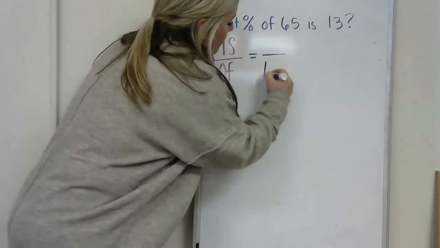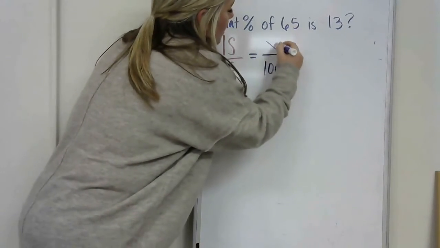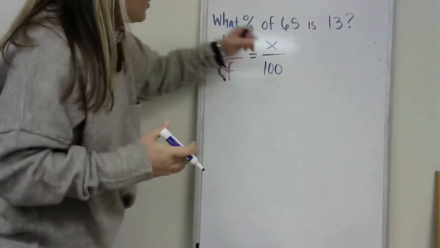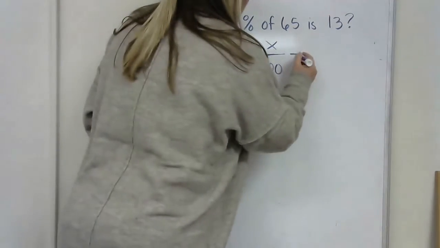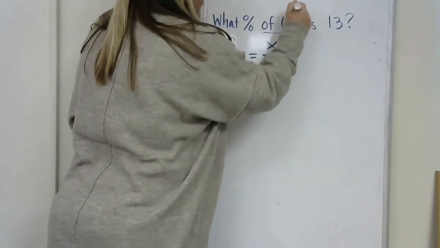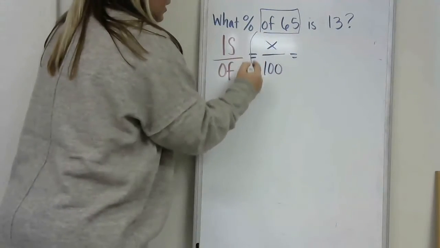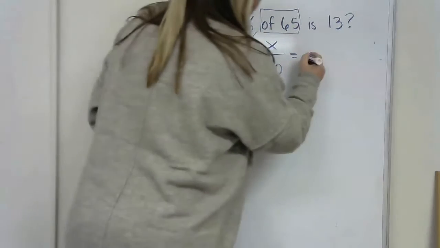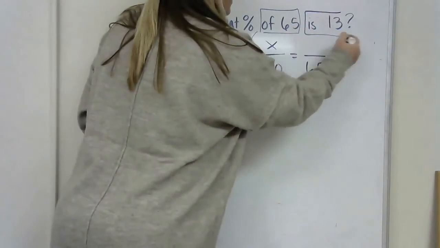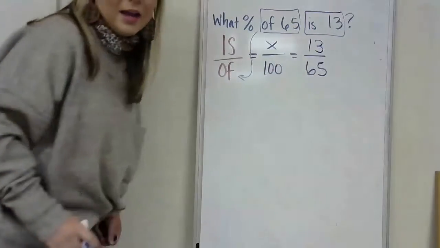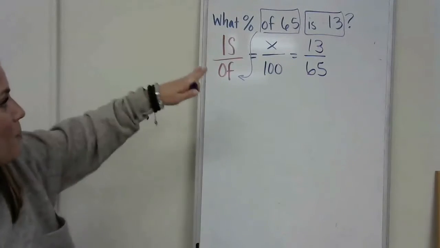So that is our of. That's our total. And we're trying to figure out what percent. So when it says what, that's your x, okay? And it says of 65. Of, as we see, is on bottom, right? 65. And is 13. It's on top, okay? So we have our proportions set up.